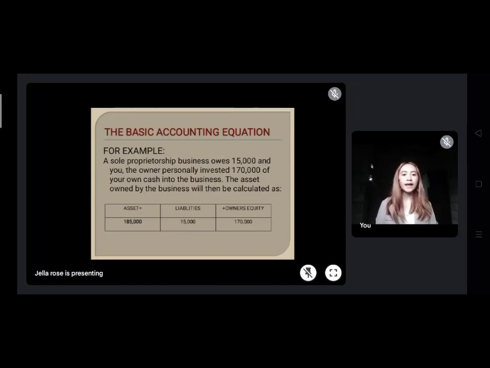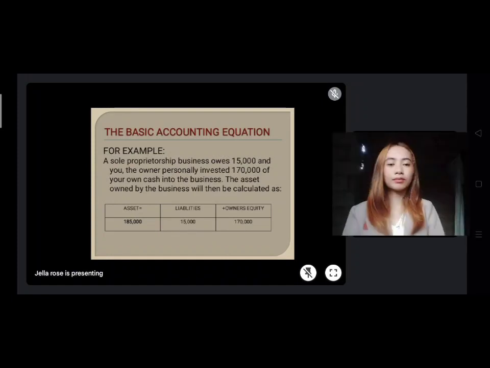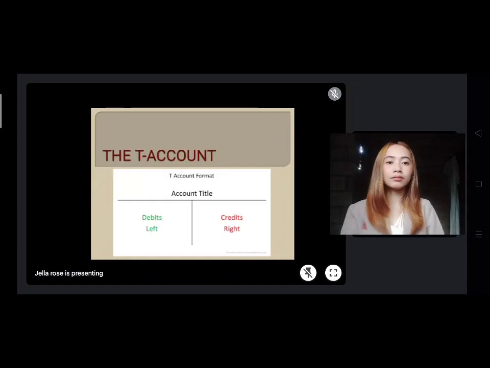The asset owned by the business will then be calculated as... So here we simply add the liabilities and owner's equity. So the asset is 185,000.